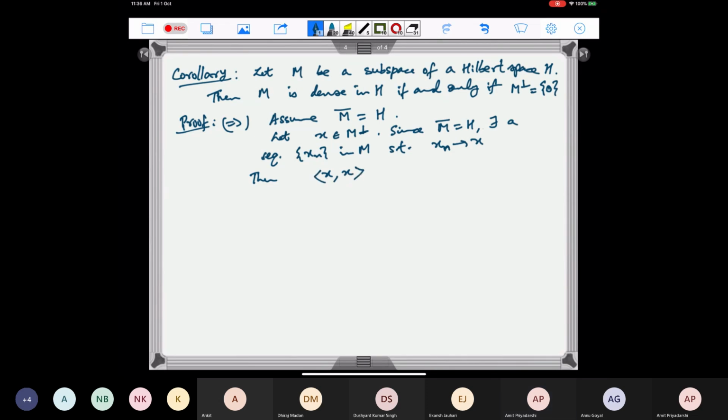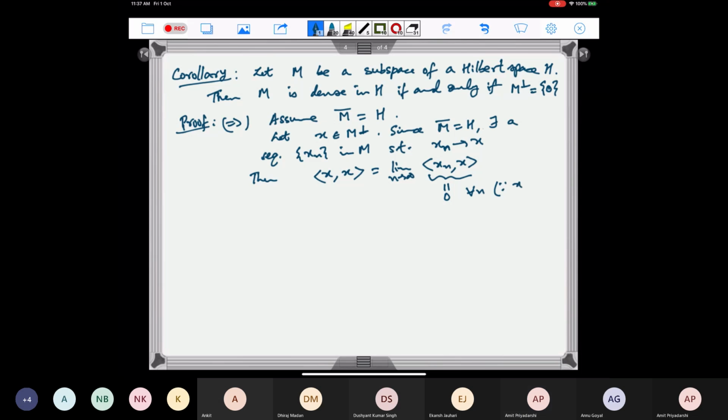This is equal to the limit of the inner product of xn with x, because xn converges to x and we know the inner product is continuous. Since xn is in M and x is in M perp, this is equal to 0 for all n.